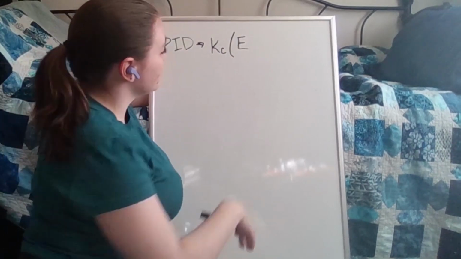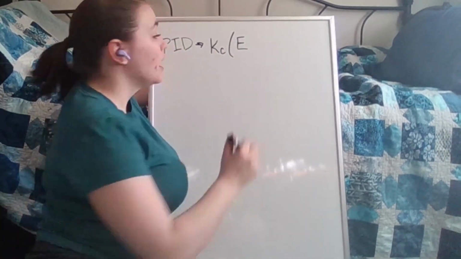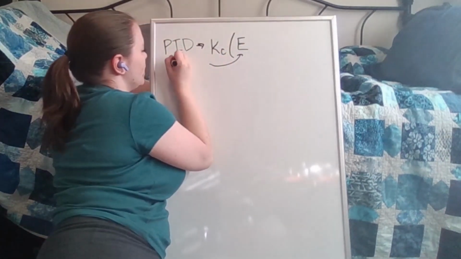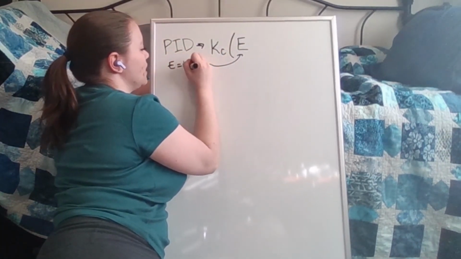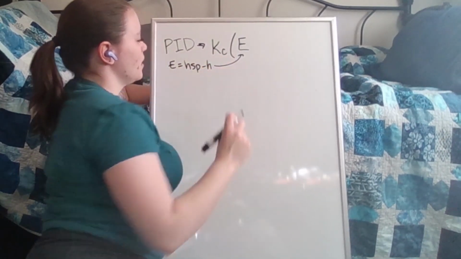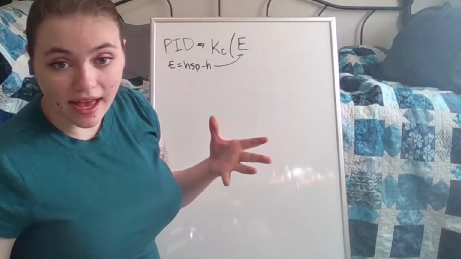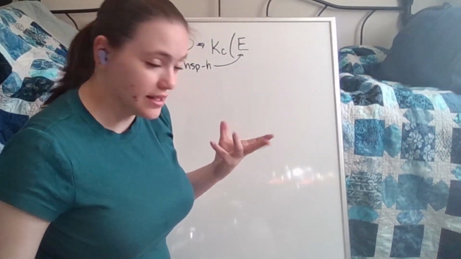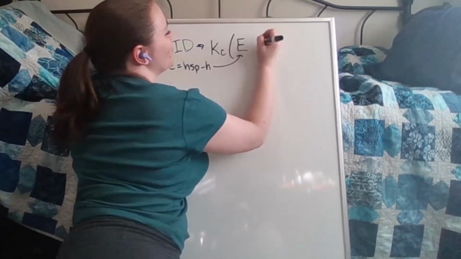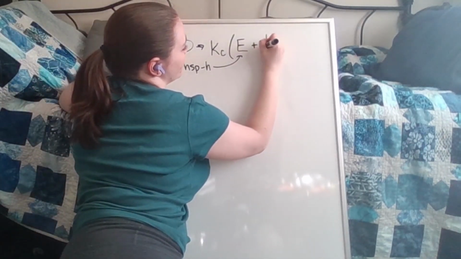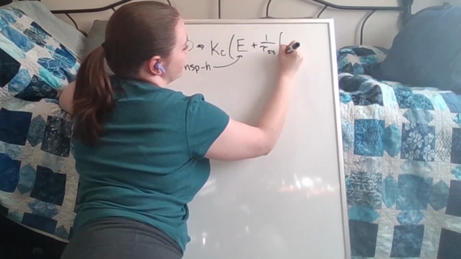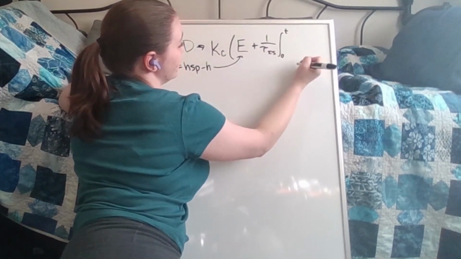Basically this is going to be with E, and E is equal to our height set point minus height. So that's what we're plugging in for that. We have a height set point, find the height. There you go. And then we have plus 1 over tau is integral from 0 to t.